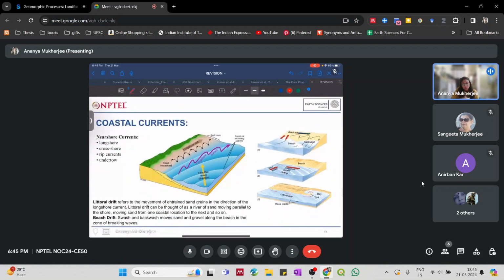And again, different kinds of coastal currents play a role in shaping of the coastal landforms that are developing. So you can have a longshore current, and the sediment movement is associated with the different kinds of currents.